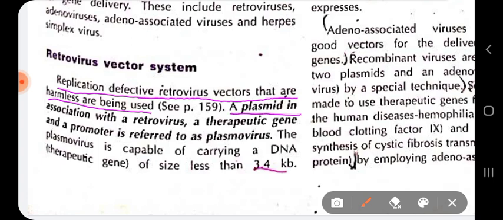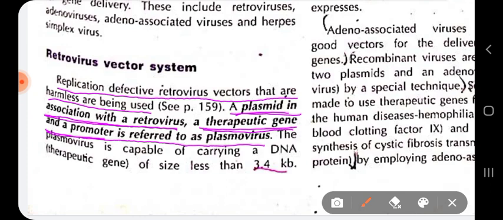A plasmid in association with retrovirus, a therapeutic gene, and a promoter is referred to as plasmovirus. So we are converting the retrovirus into a plasmovirus. How? By using a plasmid in association with a retrovirus. Then we use a therapeutic gene and a promoter.